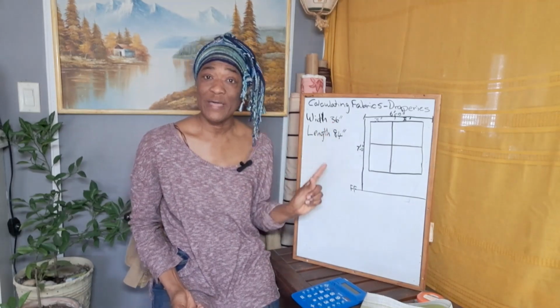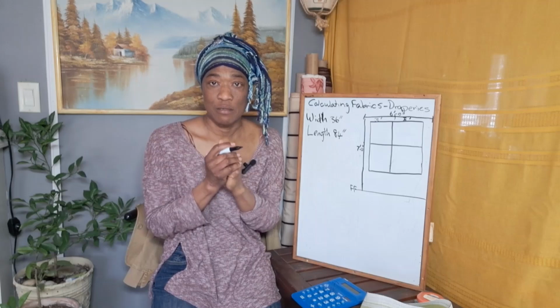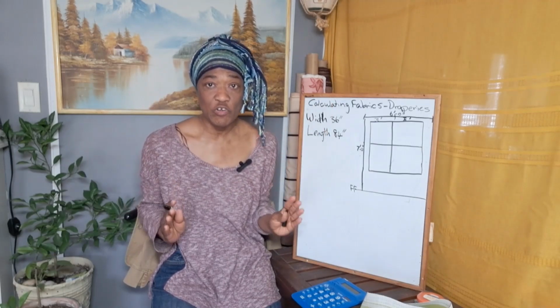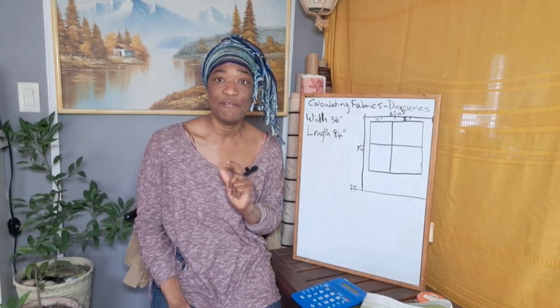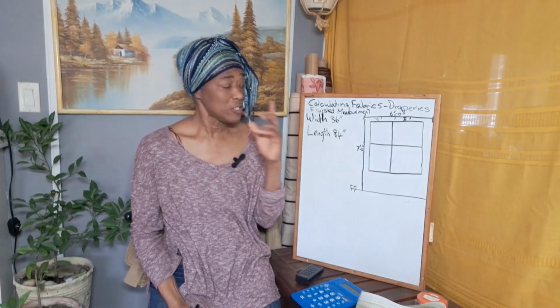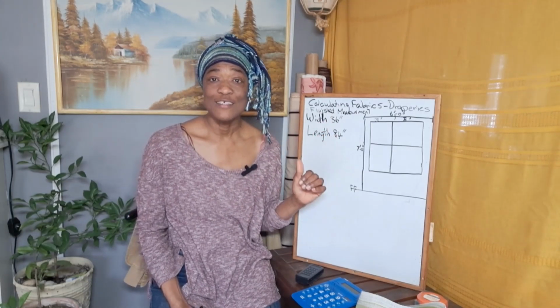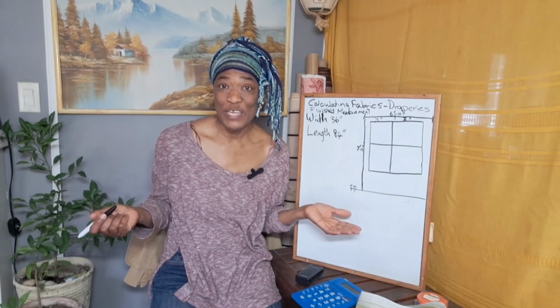So these 2 measurements will be what we call our finished measurement, which means that when you're done making your curtain panel, this is the width and the length that you want.